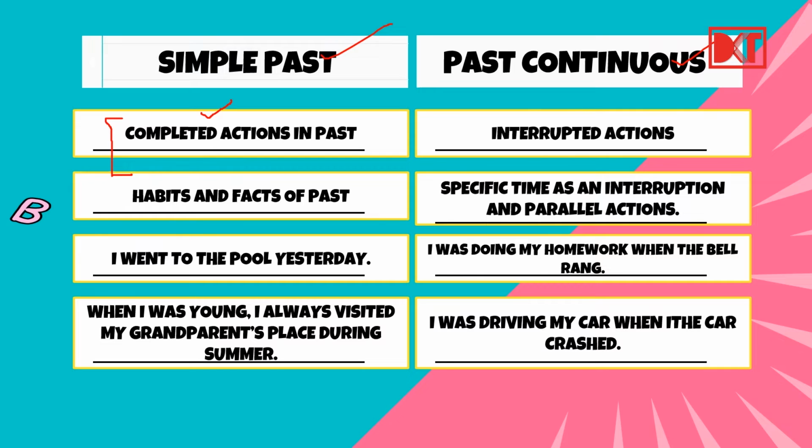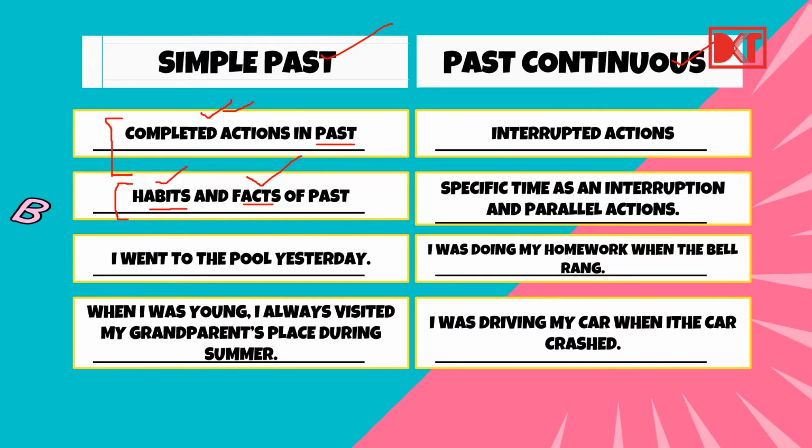And also some habits and facts of the past, जो पुरानी बातें हैं. कोई fact जो past में हो चुका है, जो habit जो past की है. So basically past की जो चीजें होती हैं, जो action जो complete हो गया, या फिर कोई habit जो थी past में, या फिर कोई fact तो था past का.